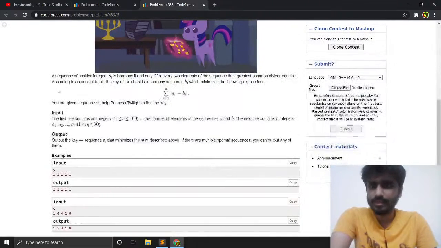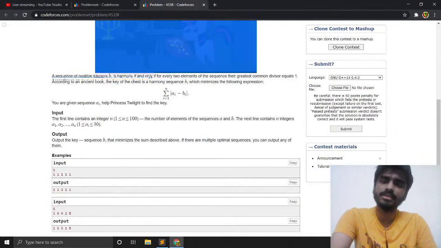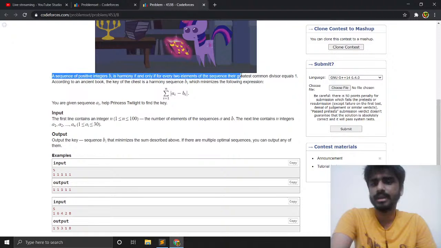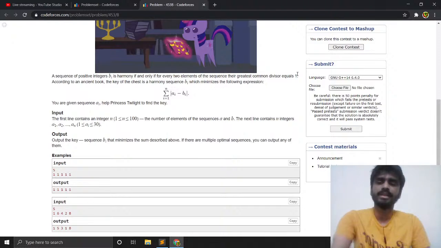Anyway, a sequence of positive integers b is a harmony if and only if for every two elements of the sequence their greatest common divisor equals 1. Okay.